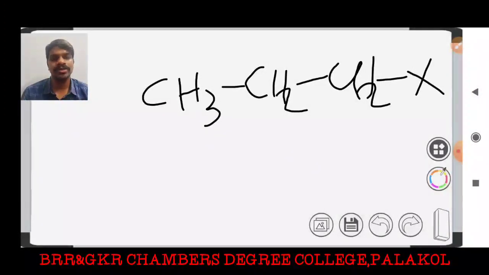How many environments of protons are present in this molecule, students? Here we have 7 hydrogen atoms, and these 7 hydrogen atoms are present in 3 environments. CH3 is one environment, one CH2 is another environment, and the other CH2 is a separate environment, so the molecule has 3 different environments of hydrogens.